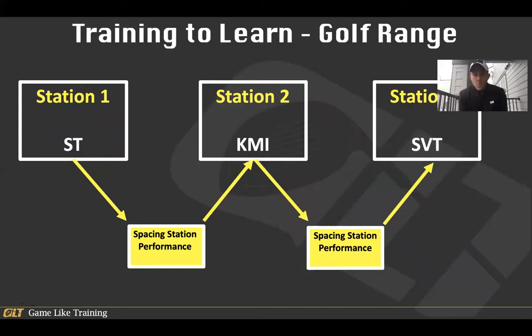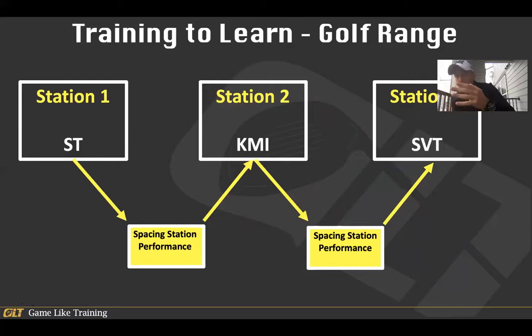So let's say you were working on your golf swing. Station 1 could be 3 balls of drill A. Whatever the drill is that you are getting from your PGA professional or whoever's analyzing your swing. And then you would have to go hole a putt. So you would do station 1, you would do a drill, and then you would go hole a putt.